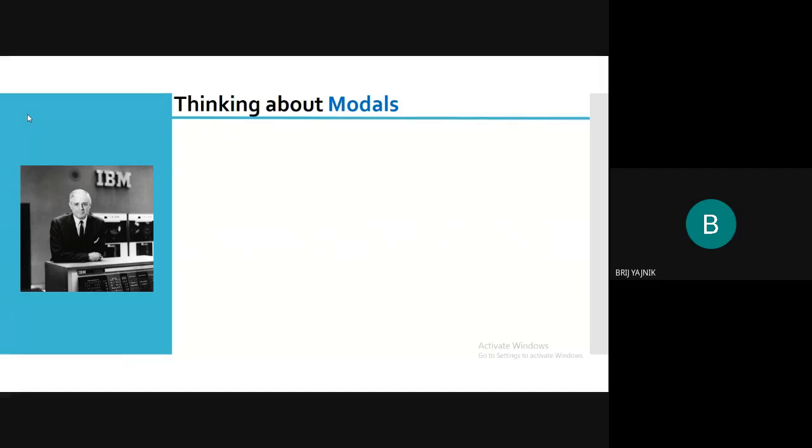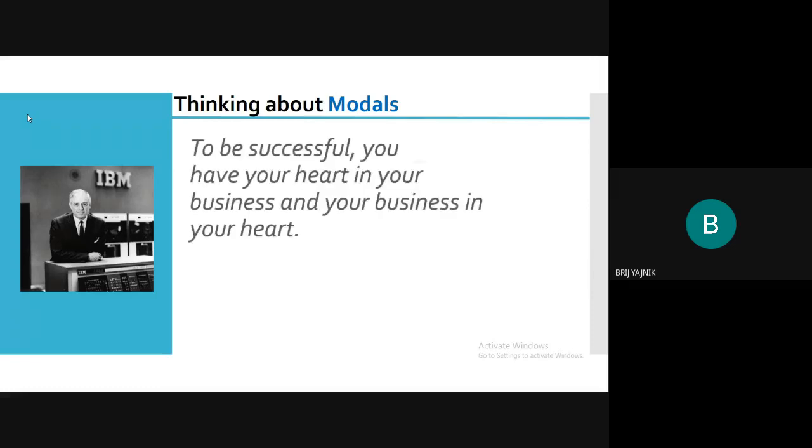CEO, chairman of International Business Machines, that's IBM, and he's the one who developed IBM's management style and corporate culture, which is now very famous in the whole world. Thomas J. Watson, and he said something. Look at what he said. To be successful, you must have your heart in your business, and your business in your heart.